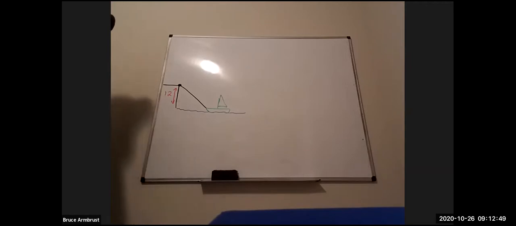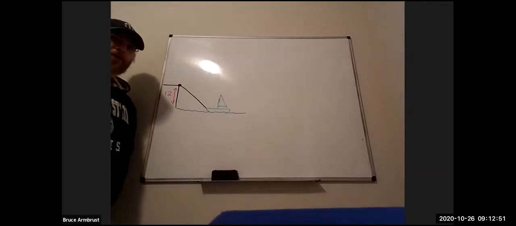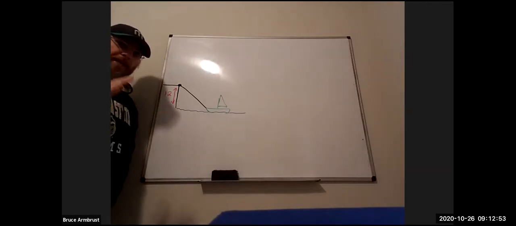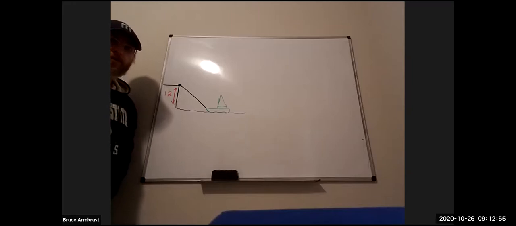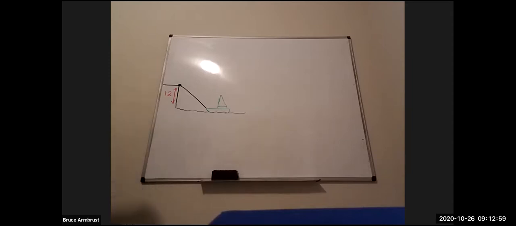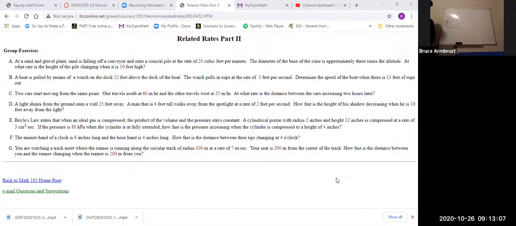Let's see if we can figure out what rate of change we're looking for, because that's super important. Let's go back and look at what the wording says again. I'll share this one more time. Looking at B there, what rate of change are we looking for?